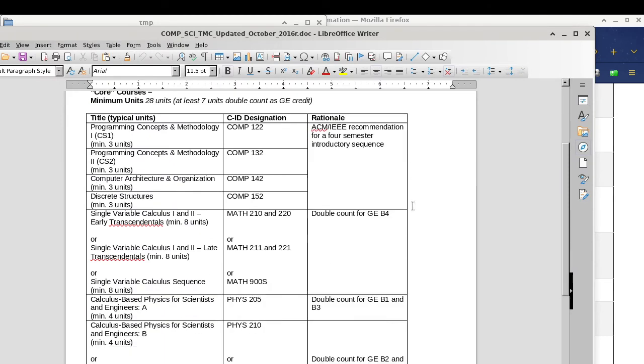They want the entire degree to be only 60 units and no more. So having all the GE classes and all the computer science major classes added together, I cannot exceed 60 units. And right now, there is no way to contain all the units within 60 or less. And that's why we do not have an AST of computer science.